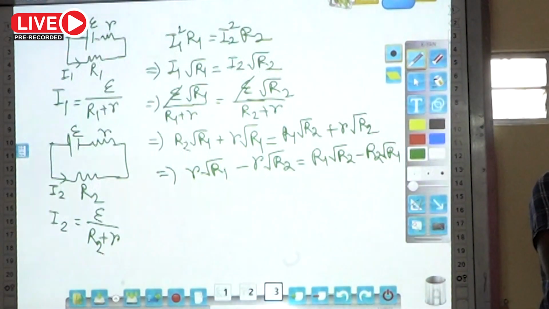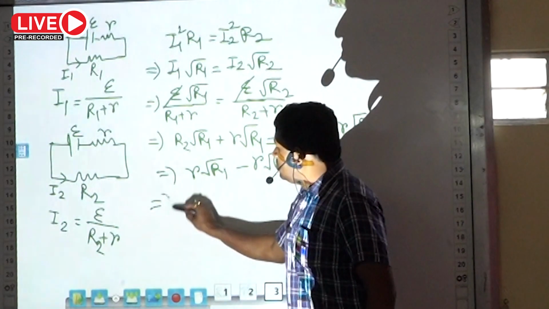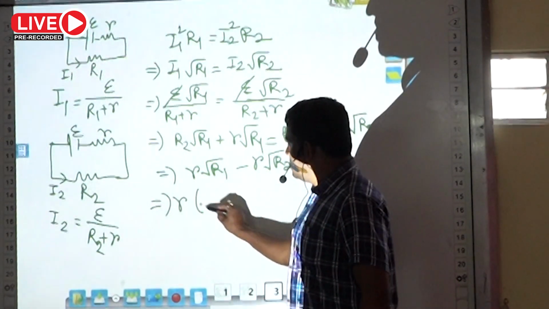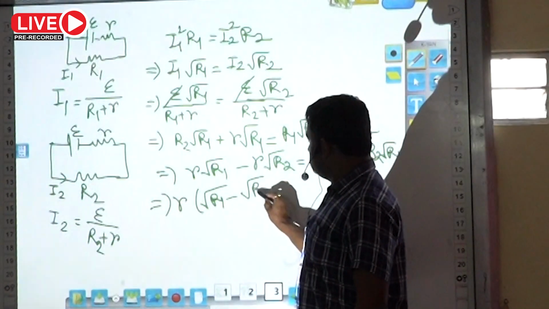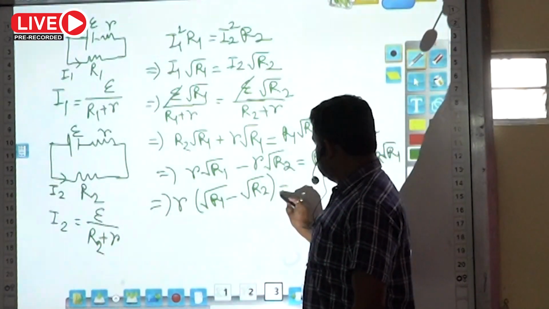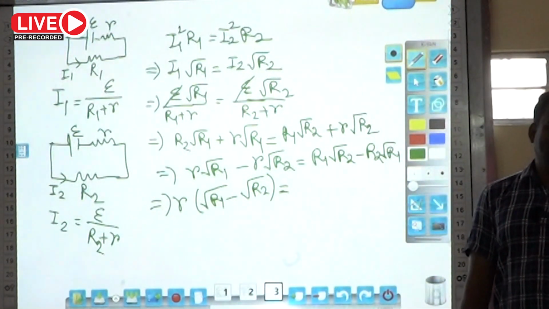Then can I take r common? It will become r times root R1 minus root R2, and from the right side what can be taken common?